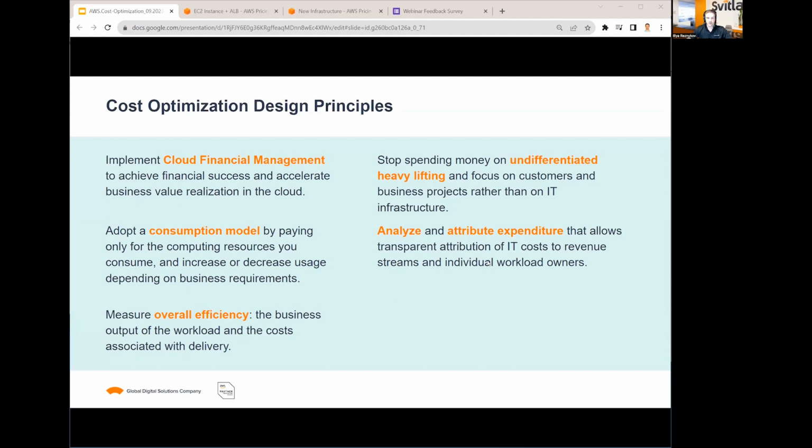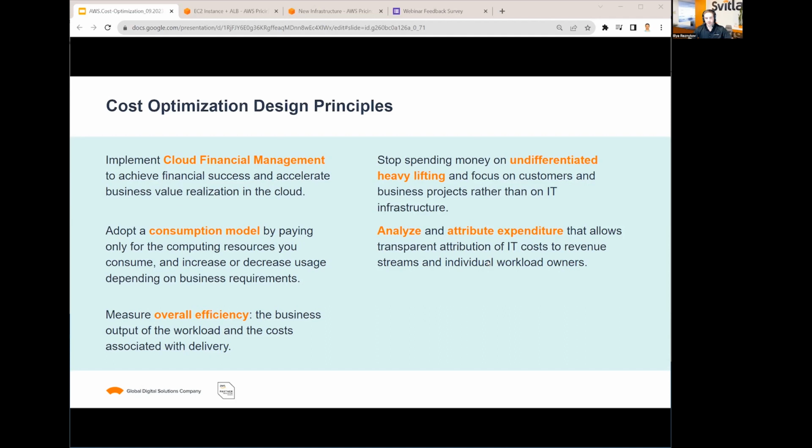We need to adopt a consumption model by paying for the computing resources which we consume, and decrease and increase usage depending on business requirements. It means that we need to understand our clients, our applications, and our workloads. Based on their characteristics and peaks, for example, when users are not using it intensively, we may decrease the size of our infrastructure.